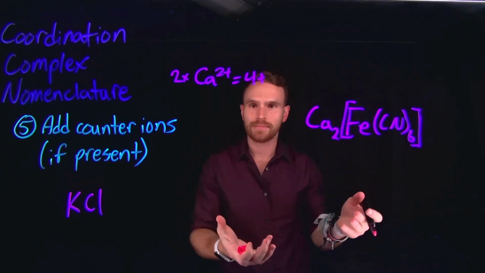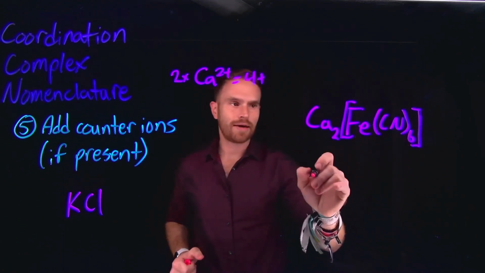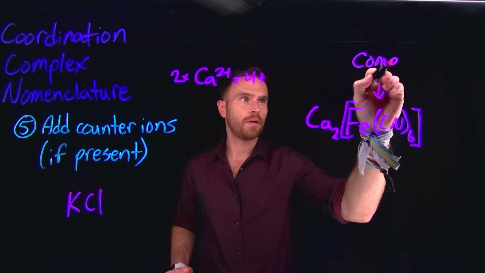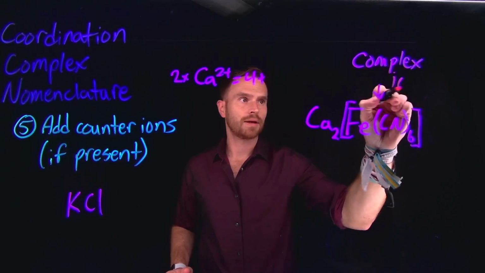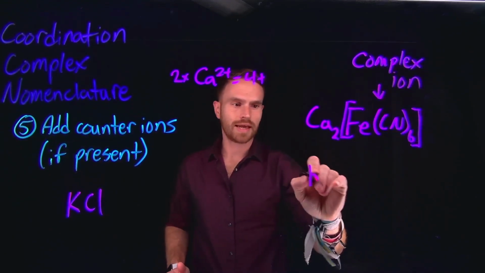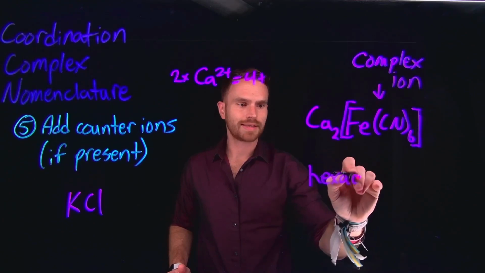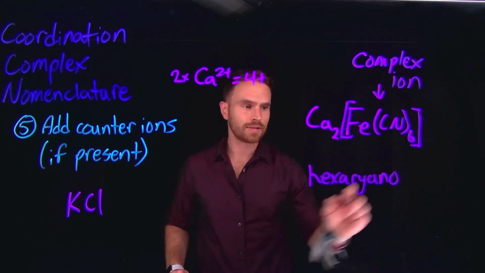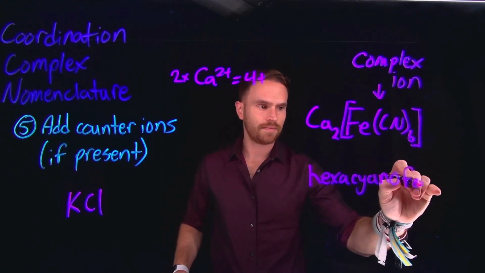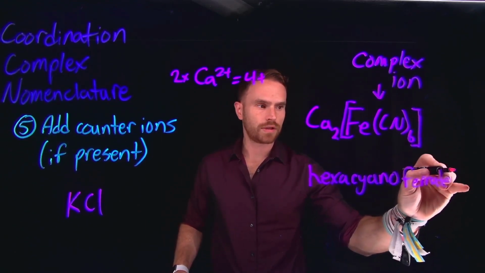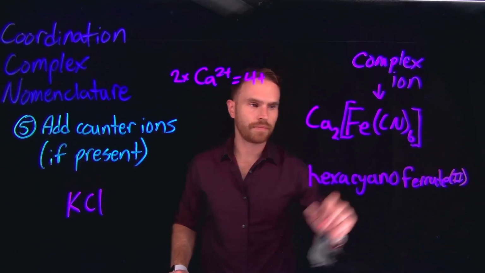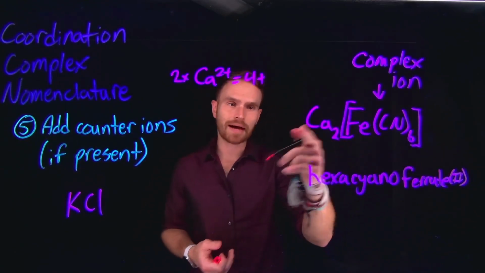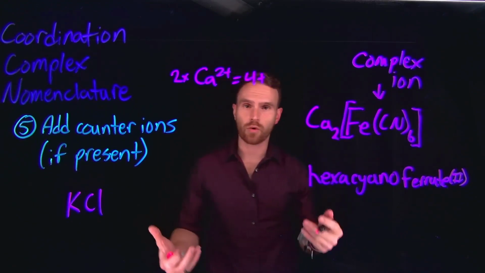So how do we name something like this? Well, as we have already seen, the part of the complex ion we said was hexacyano, meaning 6 cyano ligands, ferrate with a 2+ charge, and overall, remember, 2+ plus 6- is 4-, which is balanced out by the 2 calciums with a 4+ charge.